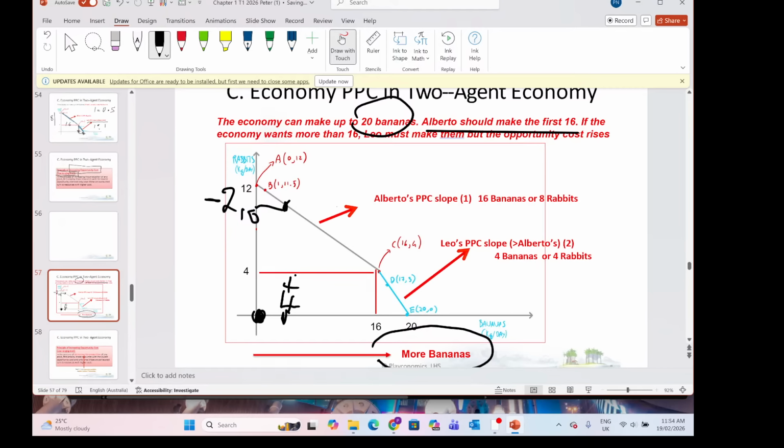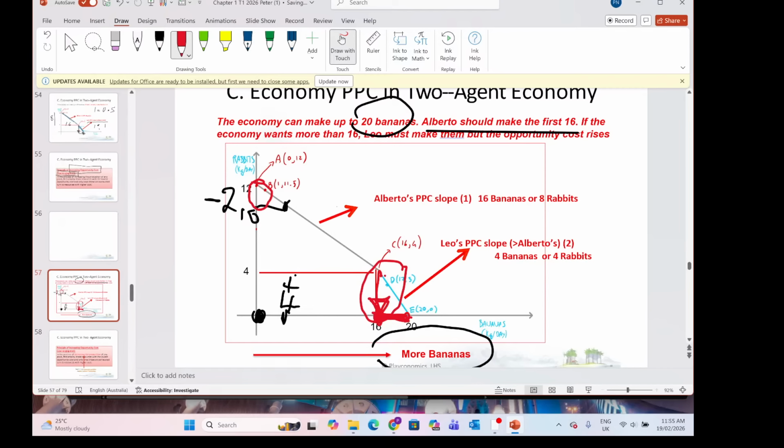But what about if Leo had made the first 4 rabbits? If Leo had made the first 4 rabbits, we have to go over here to see the effect. If Leo makes the first 4 rabbits, we're increasing the rabbit production by the amount shown in red, but the reduction in rabbits when he makes those first 4 bananas is -4, not -2. So you can see that the loss in rabbits, if Leo makes bananas, is much bigger than the loss in rabbits if Alberto makes bananas.